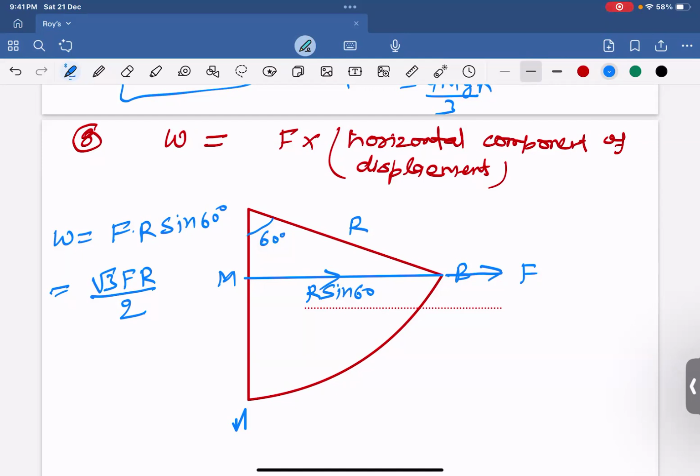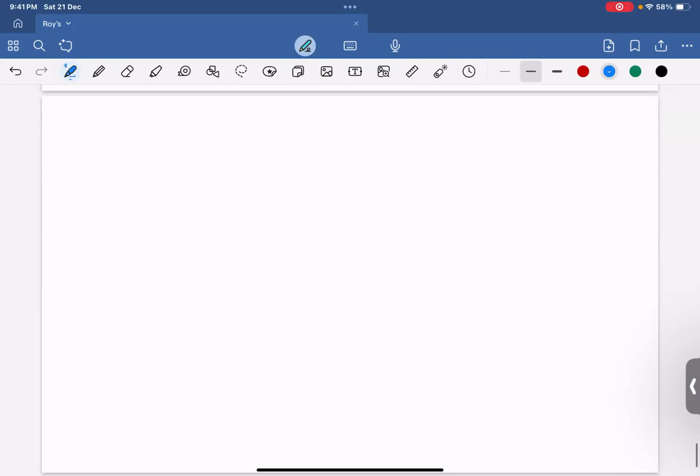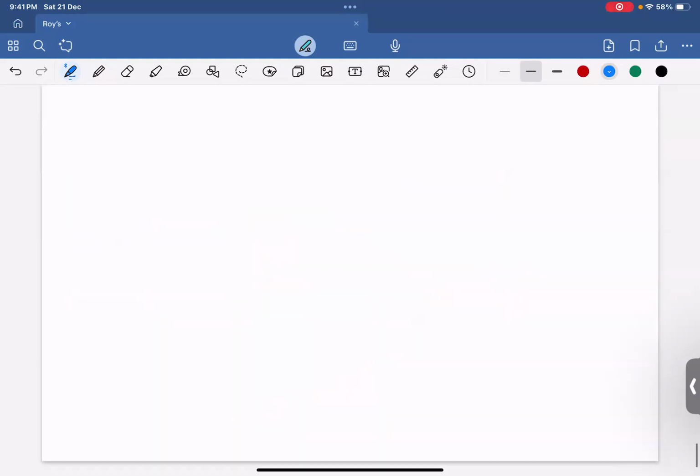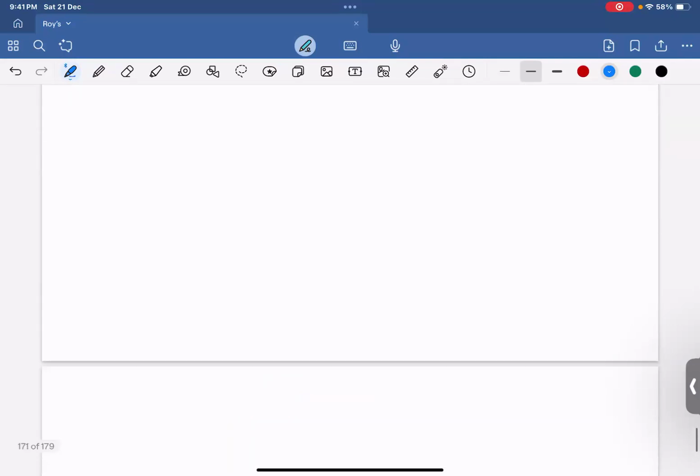What is the work done by this force in moving the body through a distance of 5 meters along the z-axis? Have you read this question, Neil? Question number 4. Yes, sir, I did. What is the important point here that you can see? It is asking that the body is only moving along the z-axis, right?